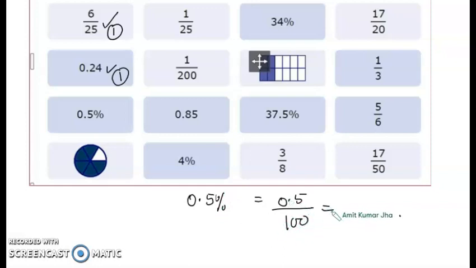If you divide 0.5 by 100, the method that you have to apply, you write 5 here and the decimal is here, remember. So you have to move the decimal only 2 places. One place is this and one place is this. From this place you have moved 2 places to the left, and then you have to write 100. So it becomes 5 by 100.